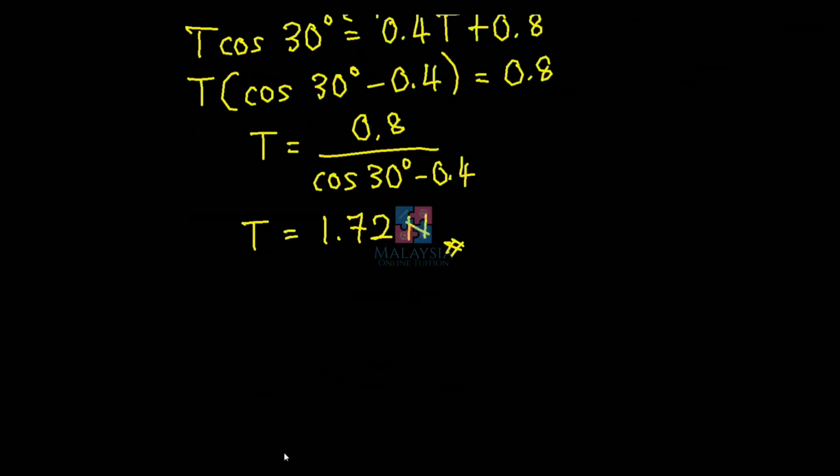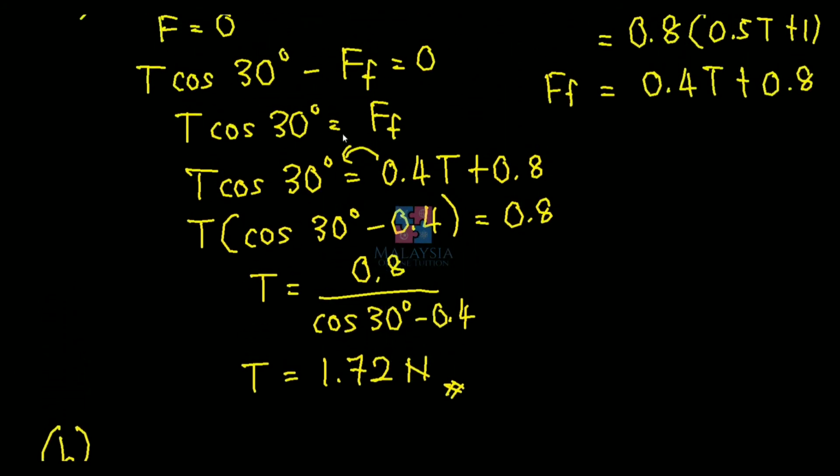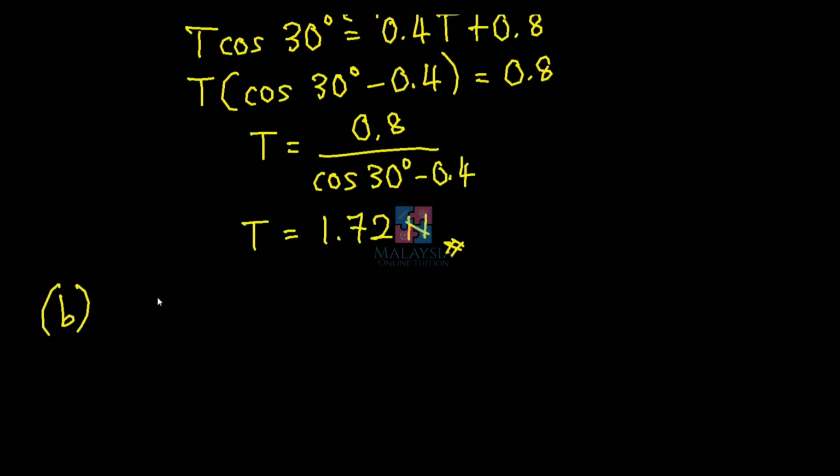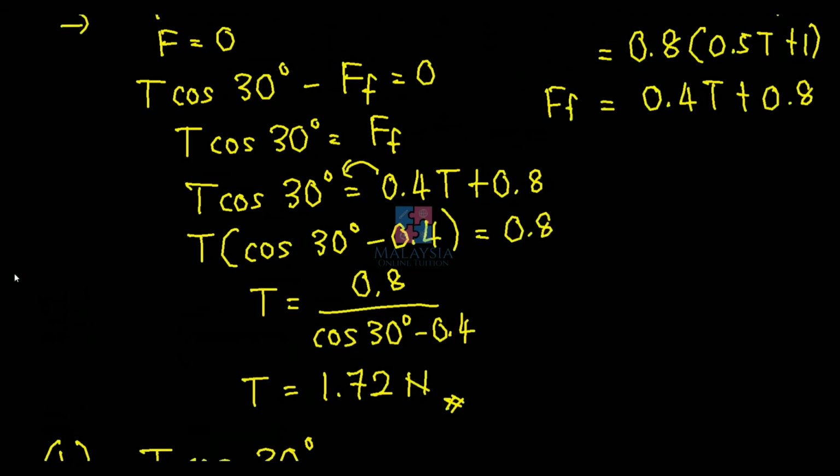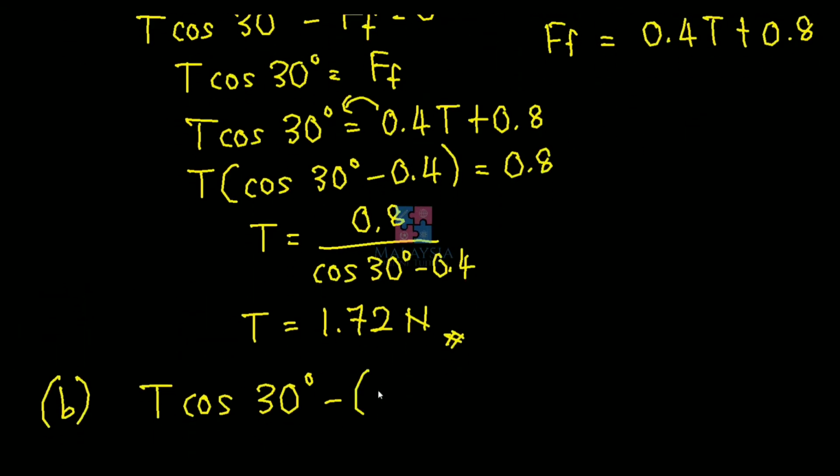Next, for part B, find the acceleration of the ring when T equals 3. When your T equals 3, we are going to use the same equation here, T cos 30 degrees minus our frictional force, which is in bracket 0.4T plus 0.8, equals ma.